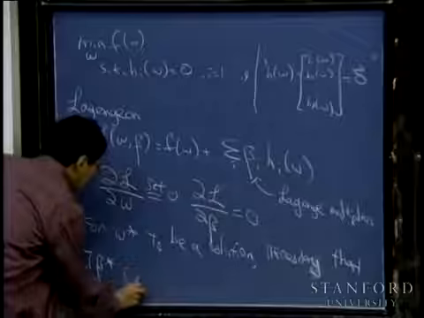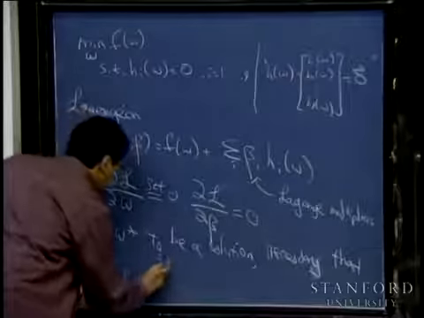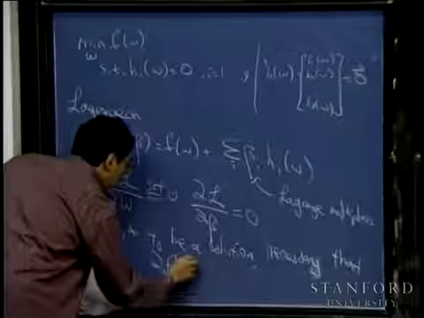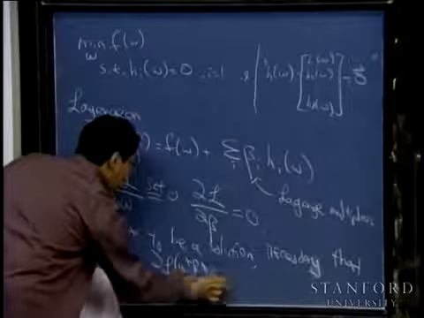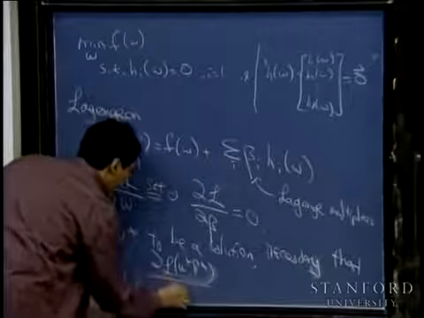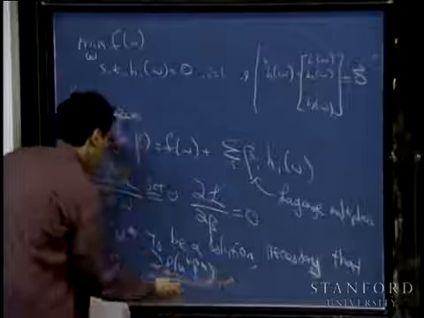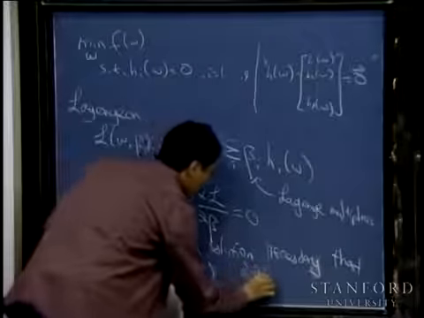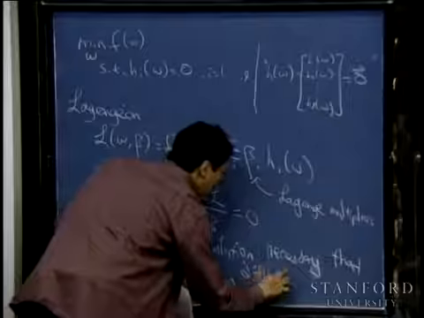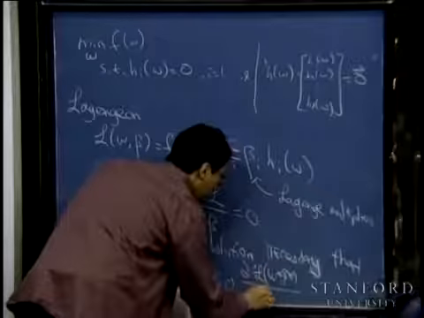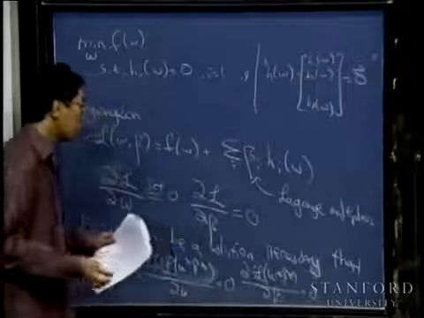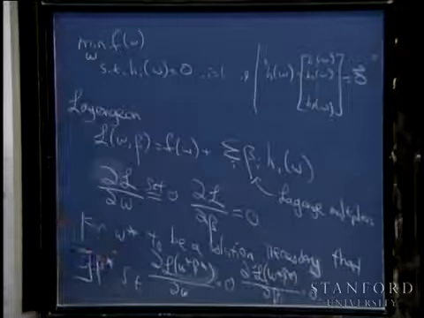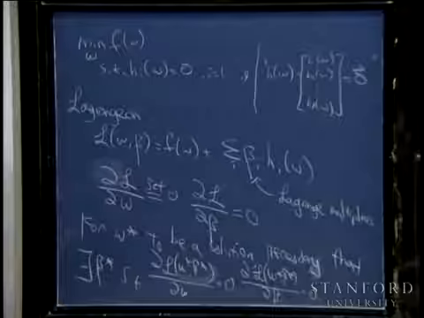So there exists beta star such that those partial derivatives are equal to 0, right?